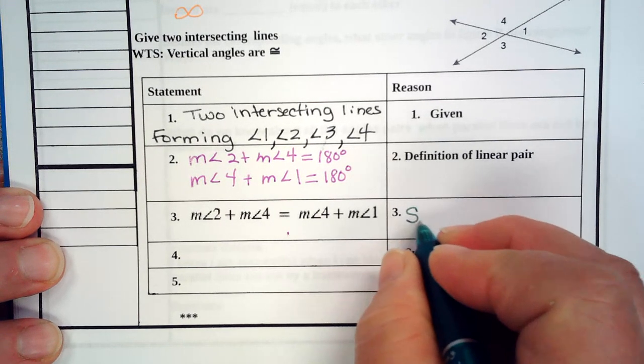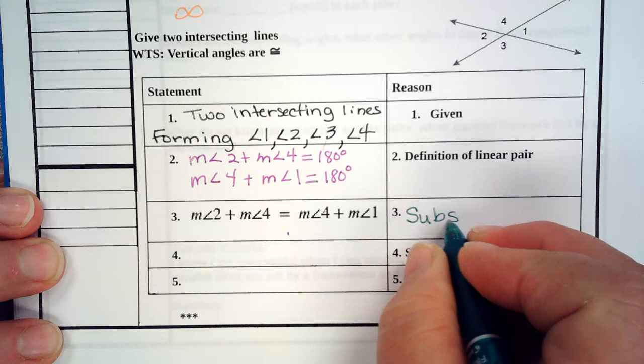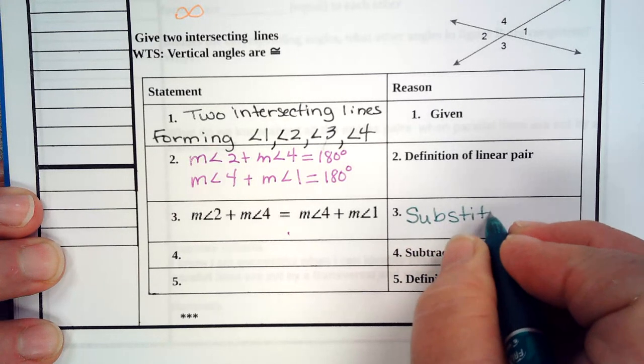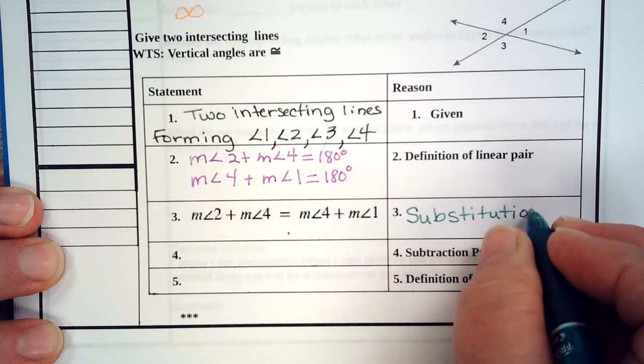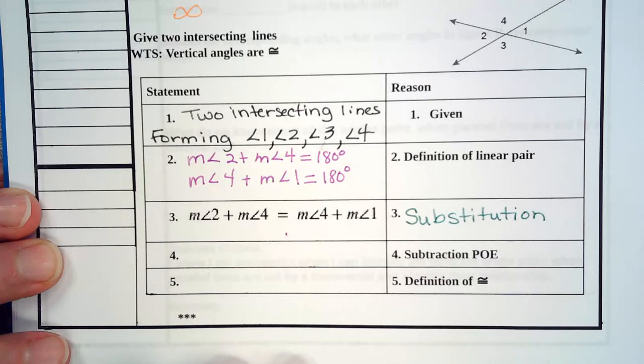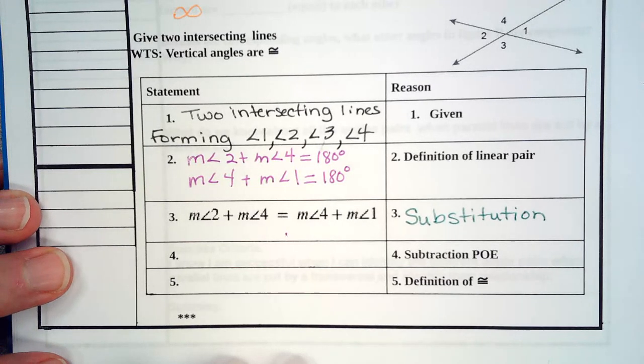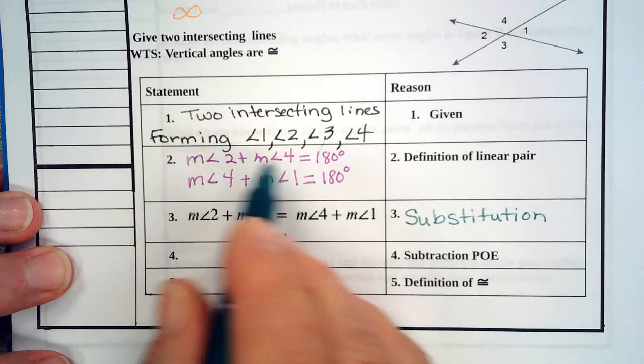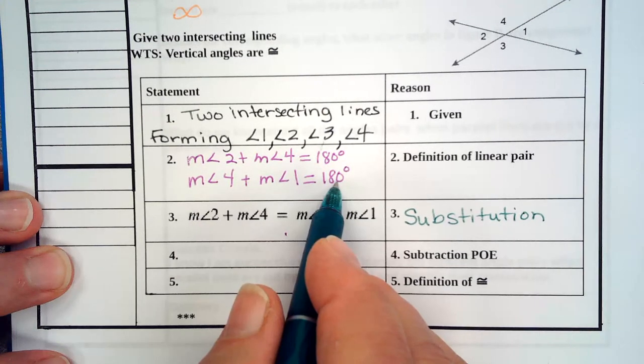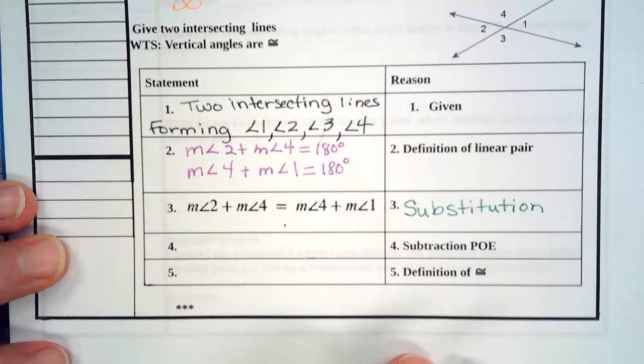A substitute. So this is substitution. And you could also use a transitive. Transitive means if this is equal to this and this is equal to this, then they've got to be equal to each other.